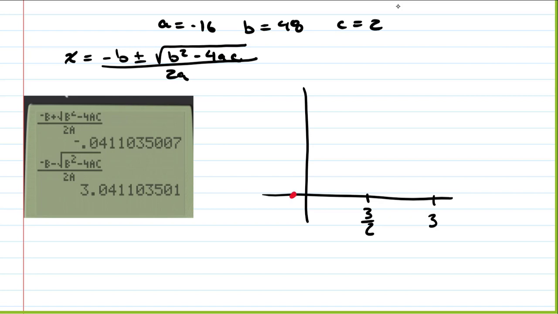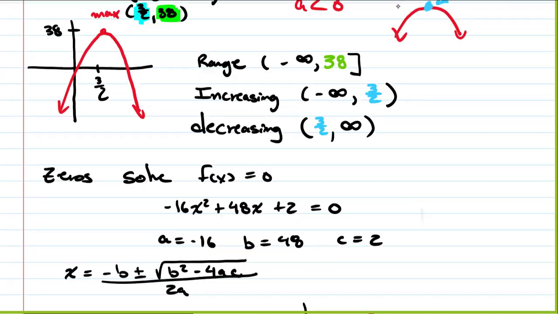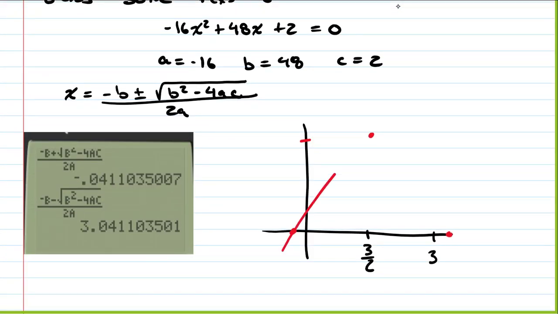I have my zeros, and then at 3 over 2 and 38, I believe that's what we found was 38, yeah. So, wow, that's terrible. Sure. We get a parabola that looks something like this, right?